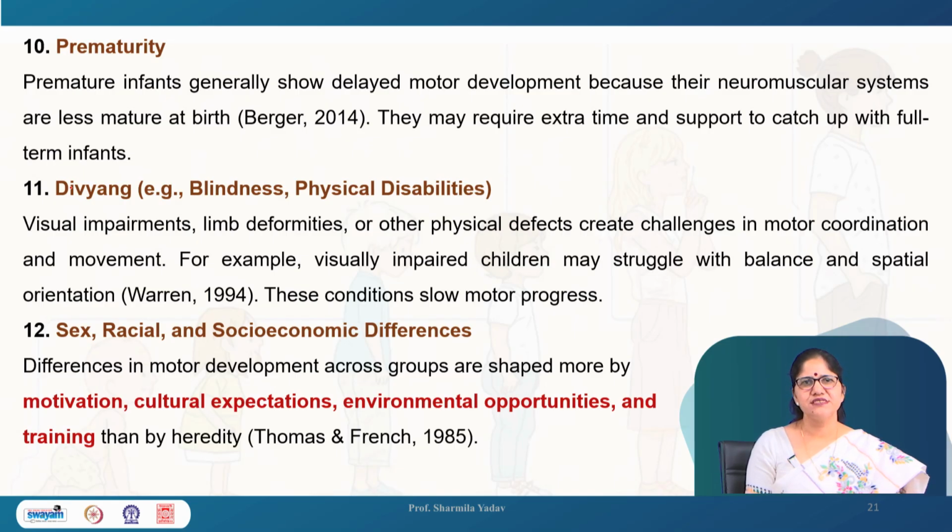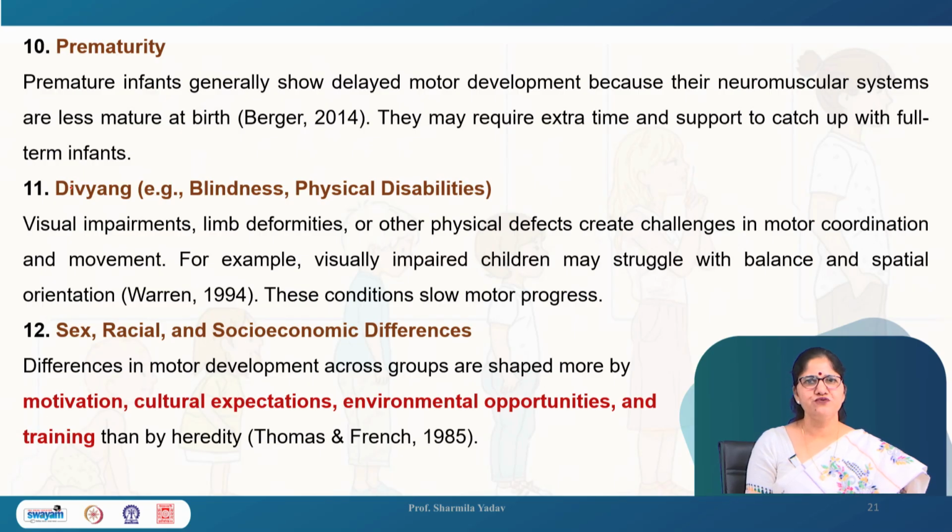Divyang, for example, children with special needs, we say CWSN, children with special educational needs, for example, blindness or visual impairment, physical disabilities. Visual impairments, limb deformities, or other physical defects create challenges in motor coordination and movement.